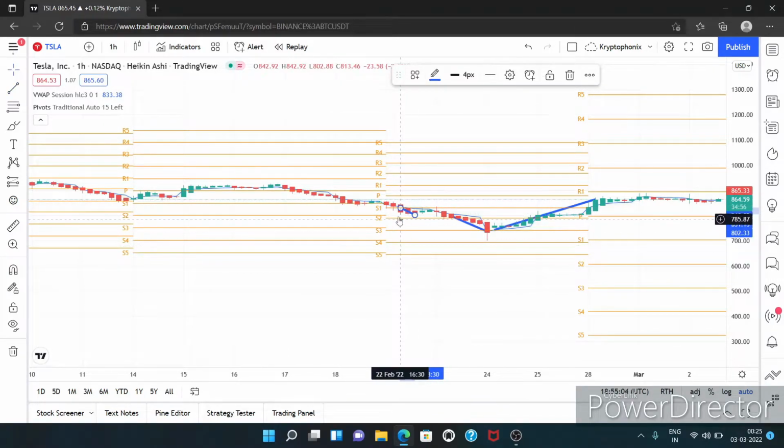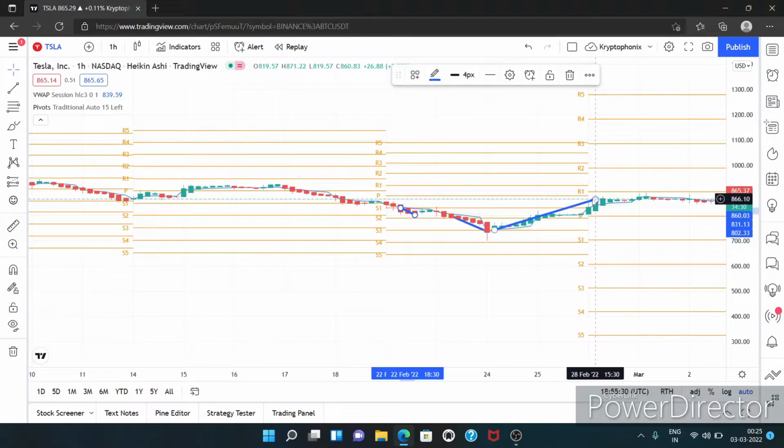Now, if we look over here, this was a downfall from 840 levels to 800 levels. This was a downfall from 800 levels to 700 levels. If we see, this was an up move from 750 levels to 820.